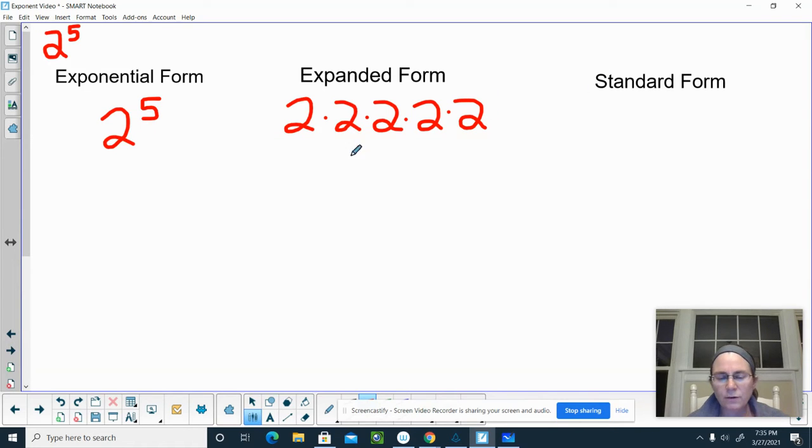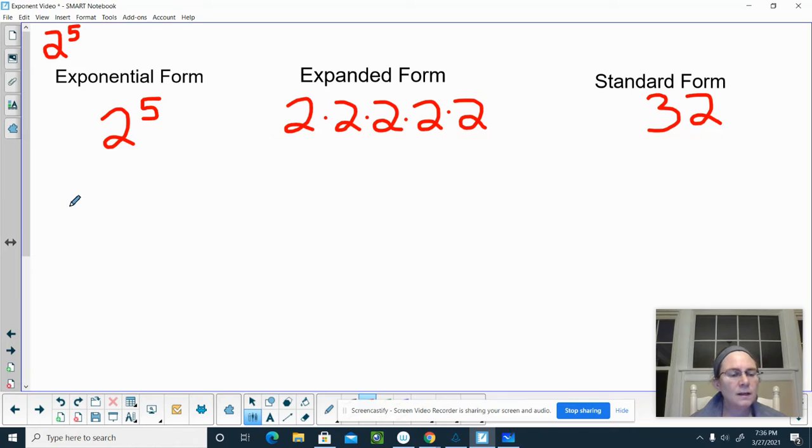And then standard form is when I multiply this all out. 2 times 2 is 4, times 2 is 8, times 2 is 16, times 2 is 32. All right, so that is the difference between exponential, expanded, and standard form.